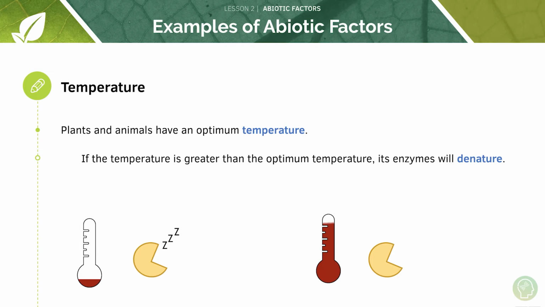Just to summarise, if the temperature exceeds the optimum temperature, then the enzyme will denature, which means that its active site will change shape and therefore it will work less efficiently. In this example here, you can see that the temperature is too low, our enzyme is working too slowly. Here, the temperature is at its optimum and our enzyme is working at its optimal level. But if the temperature exceeds a certain temperature, then the enzyme will denature, its active site will change shape.